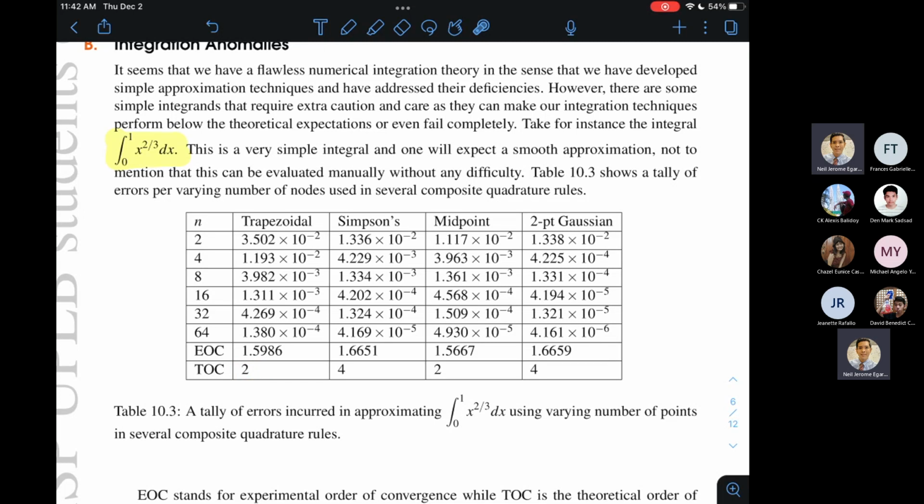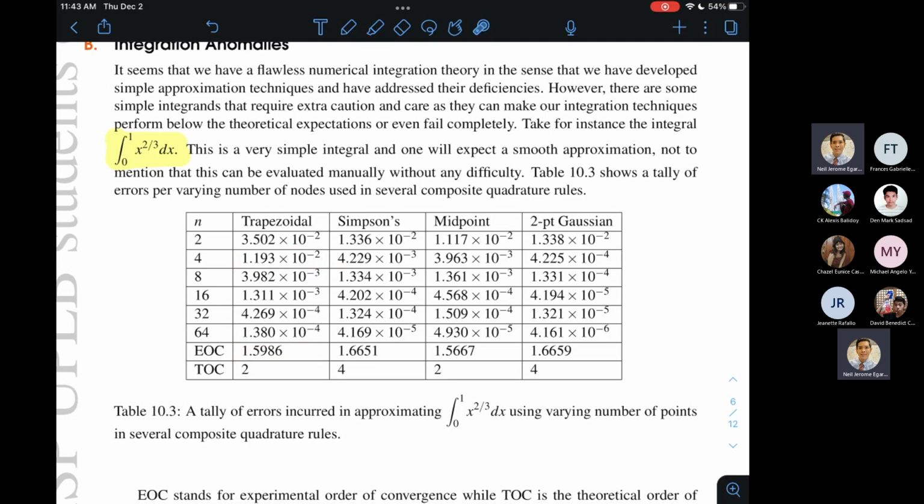Pero pag tinignan natin yung experimental order of convergence, titingnan ko ito divided by a power of the next thing, all right? Or actually hindi pala. This would be this guy divided by a power of 4. I will get this guy if the power is approximately 1.5986, all right?